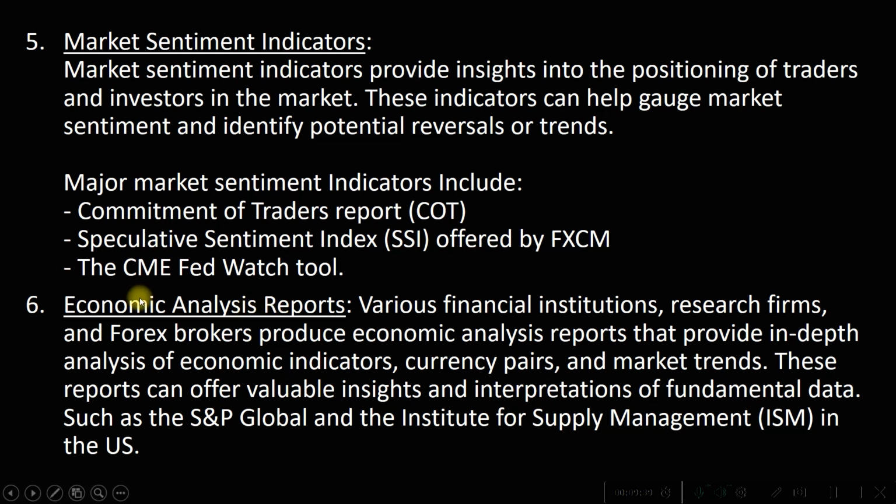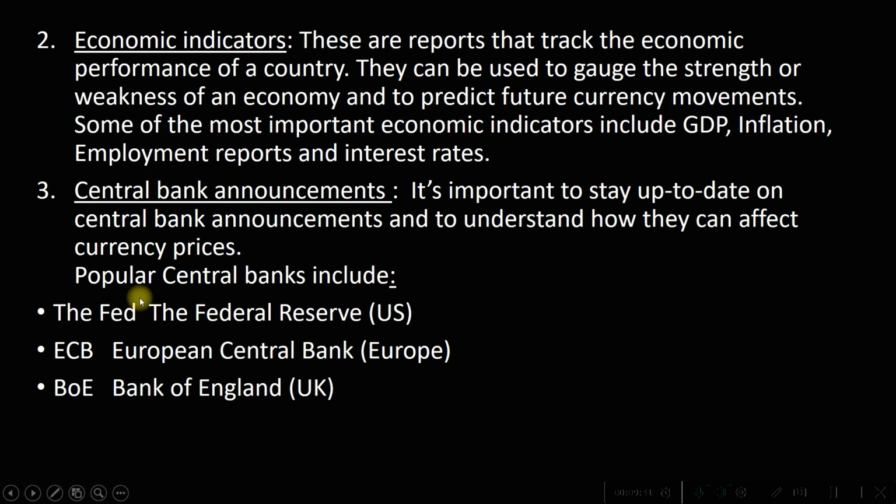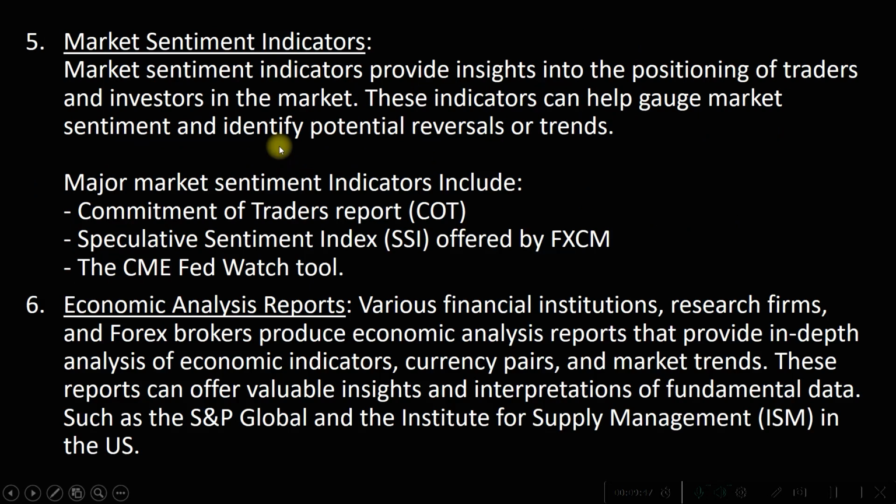As you know, earlier I had talked about economic indicators, the leading and lagging economic indicators. Now, here at economic analysis reports, these are some of the leading economic indicators that we get, and the difference between these ones and the other ones.